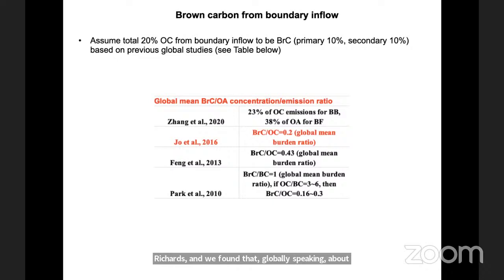Here we use the global chemical boundary conditions from the CESM model, and because the CESM model currently accounts for the total organic carbon, we assume 20% of the total organic carbon coming from the CESM model becomes brown carbon as a boundary condition to drive the WRF-Chem simulations.